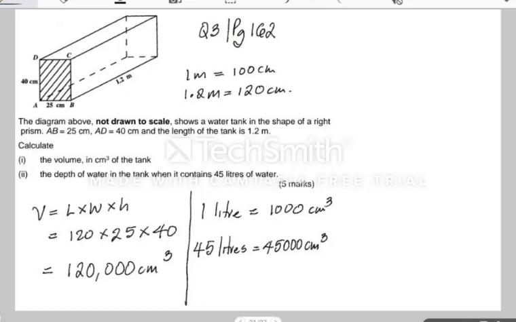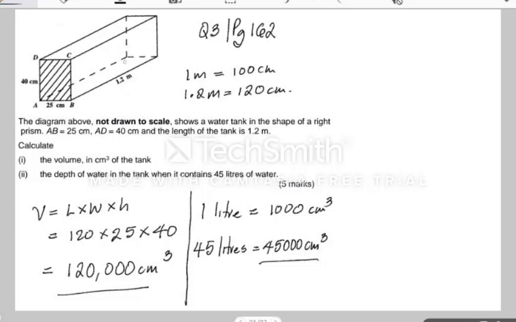So, what is the first thing I am observing? I am observing that the tank is not full because the capacity of the tank is 120,000 centimeters cube, and the amount of liquid water poured into the tank is only what? 45,000 centimeters cube. What we're being asked is to determine the depth of water in the tank.